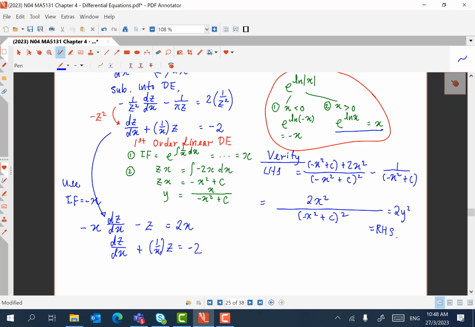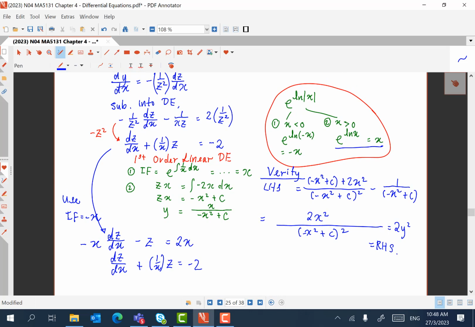So therefore, whether you use x or use minus x, eventually it will add up to be the same thing. So for the reason, conveniently, I have taken the easier option, and after getting a solution, if you wish to, you can verify. But if you want to just accept this and believe by faith, nothing stops you from just concluding here.